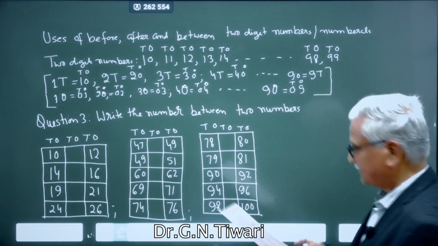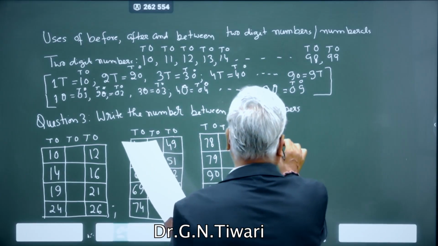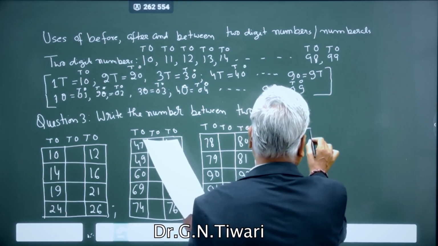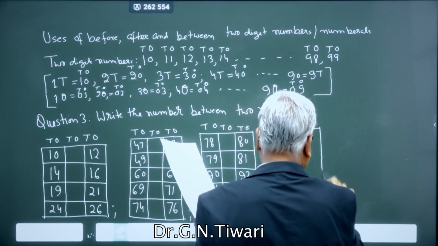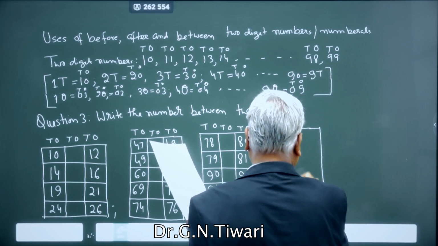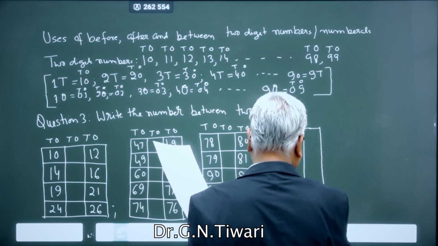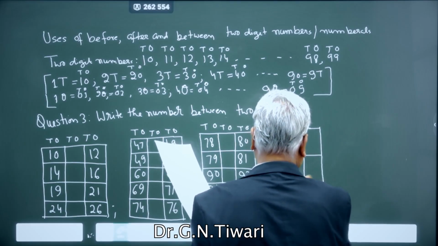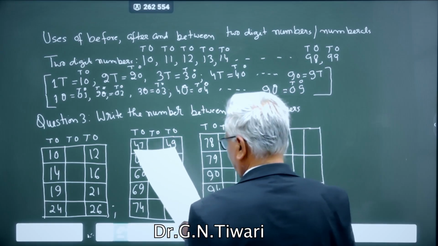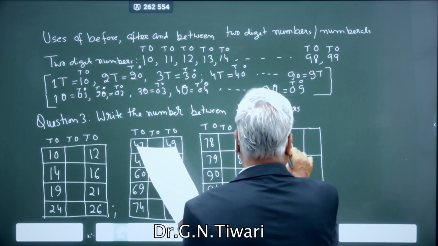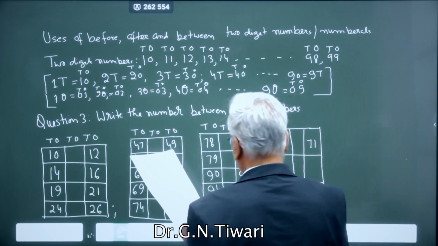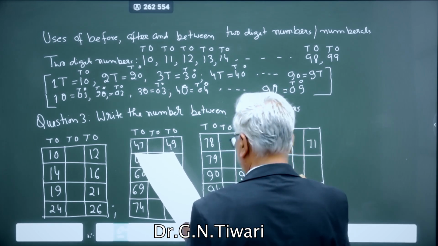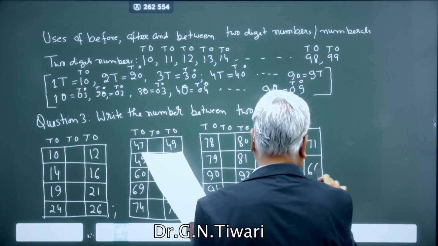Now go for another. I am again drawing 4 columns. Or let us say 3 columns. 1, 2, 3. 69, 71. 64, 66.